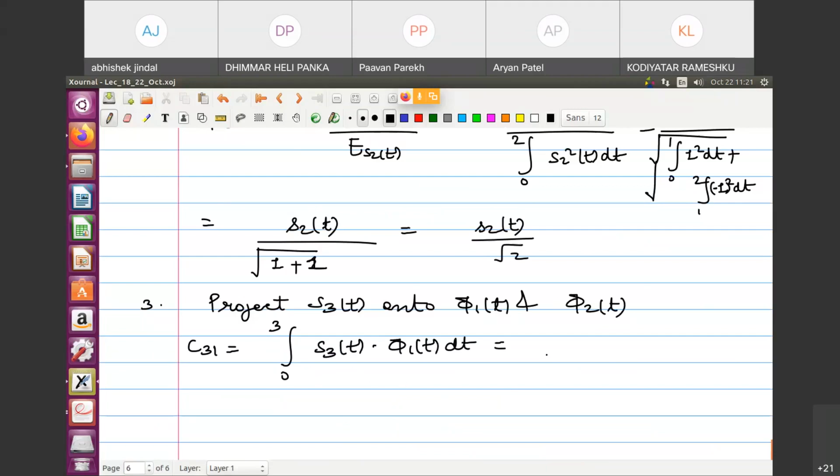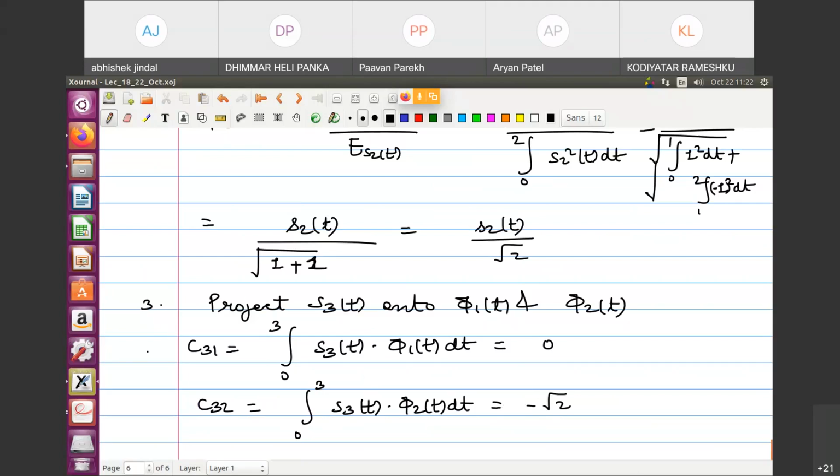But this comes out to be 0. So C31 is 0 and C32, I am not explicitly solving it, I think this can be easily done, integral of S3(t) into phi 2(t) dt, which is equal to minus root 2.